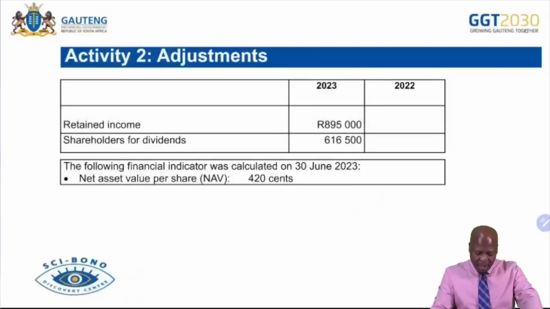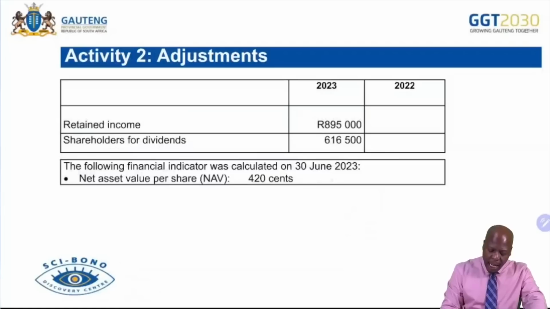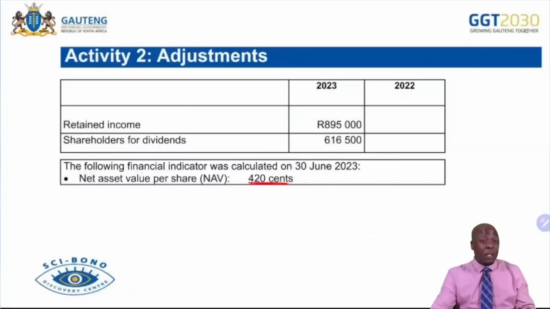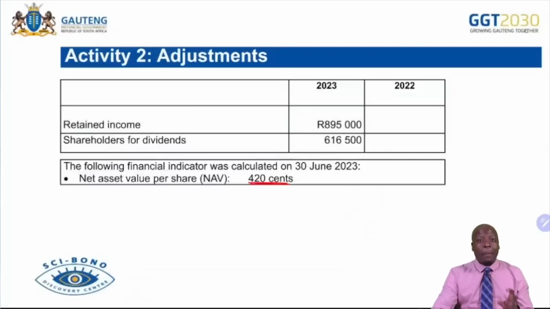In the next adjustment, it says, the following financial indicator was calculated on 30 June, the NAV of 420 cents. We understand that when you are preparing the statement of financial position and you're given the NAV and you want to get your shareholders' equity, you must get the number of shares.